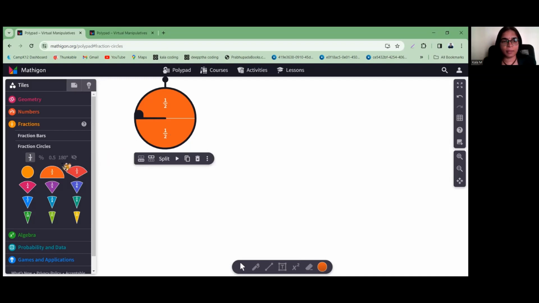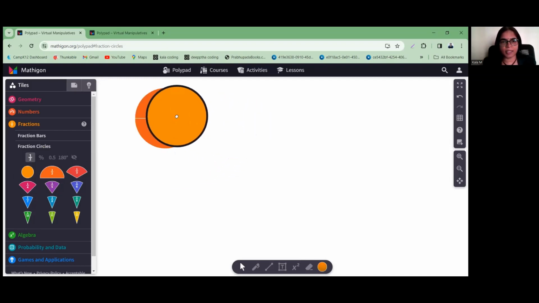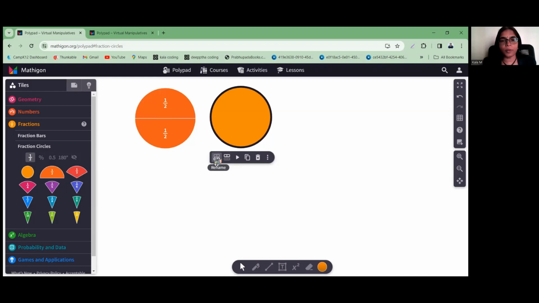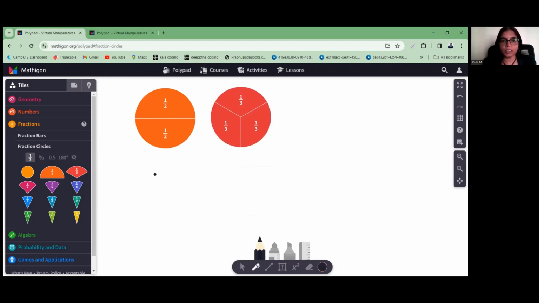Now, the same size circle. If I make three parts, every part is given a number called one third. I want you to learn this word, one third. This is one half, one half, and this is called one third.